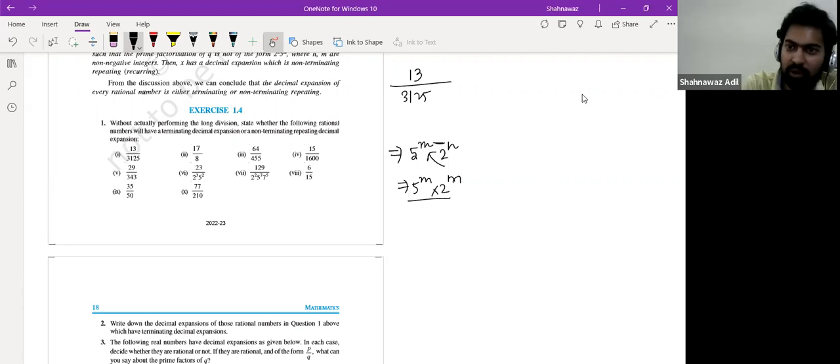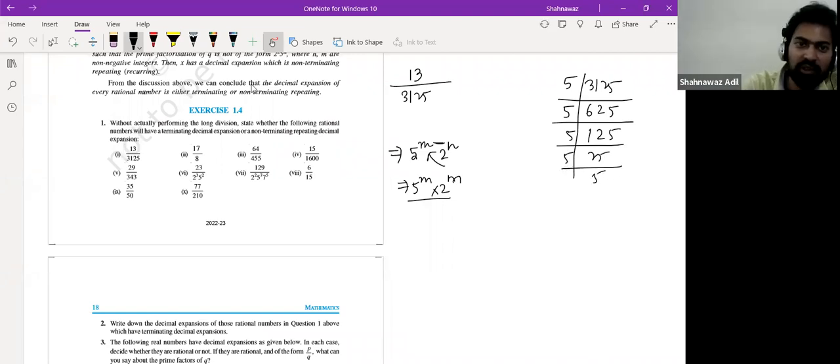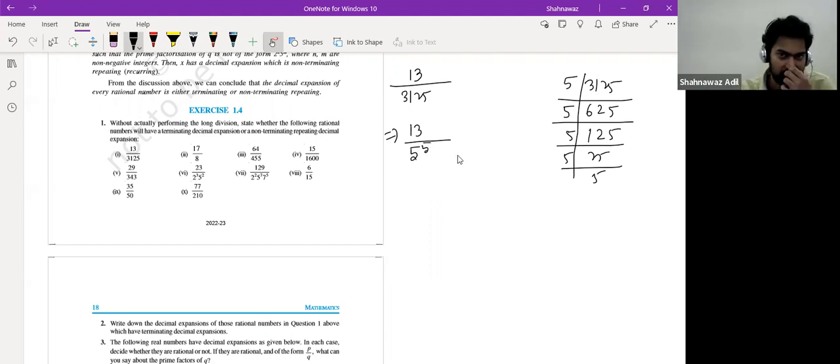So let's say you have 3125, which is what? 5 to the power 5. So this is 13 by 5 to the power 5.